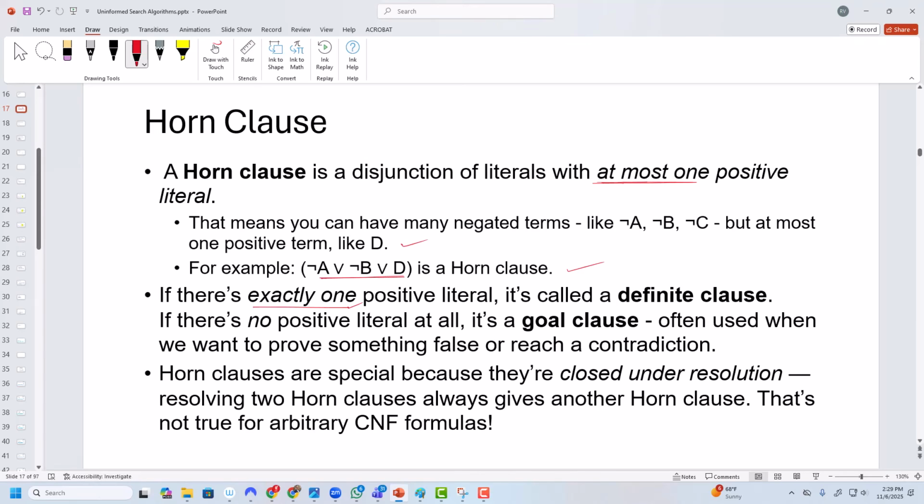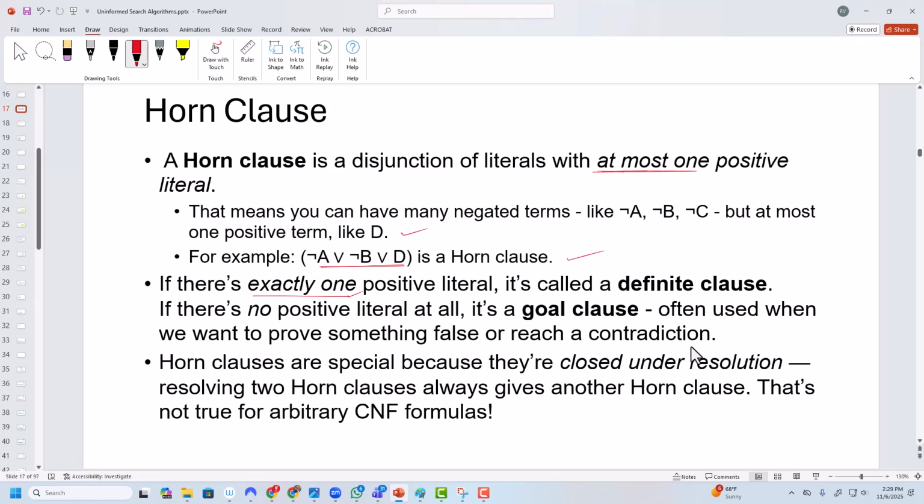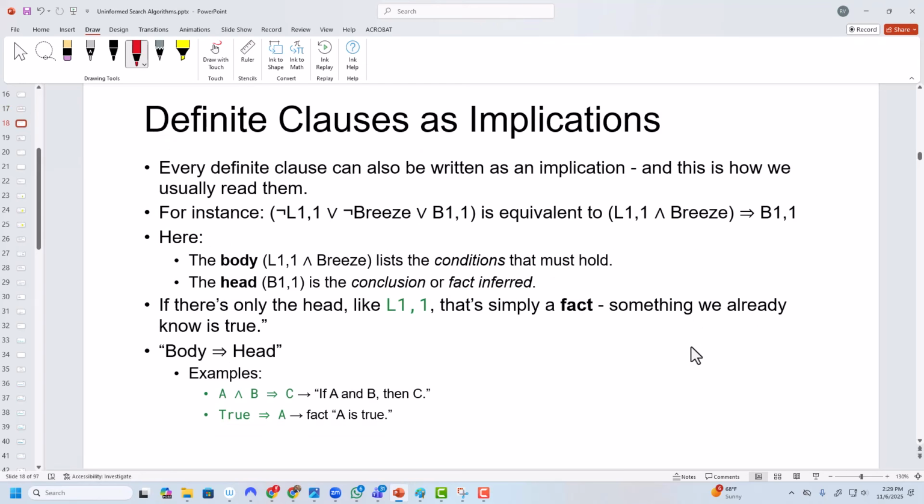Every definite clause can also be written as an implication. Let's see that. Definite clauses can be written as an implication, and that's kind of the reason they are easy. Let's say we have L11 and Breeze implies B11.